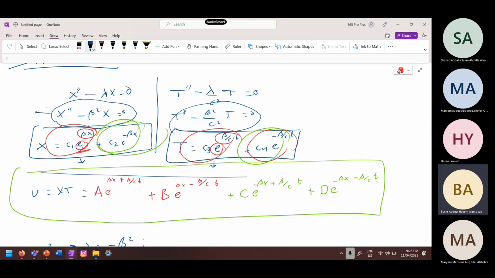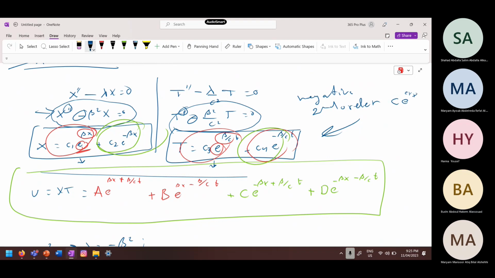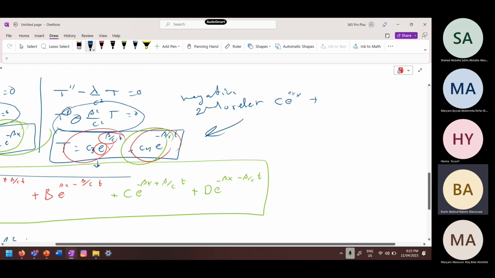When you have this solution with a negative and the second order, remember negative and the second order, you need to go with the solution that has C to the power of the exponent plus C times E to the power of negative of the exponent.